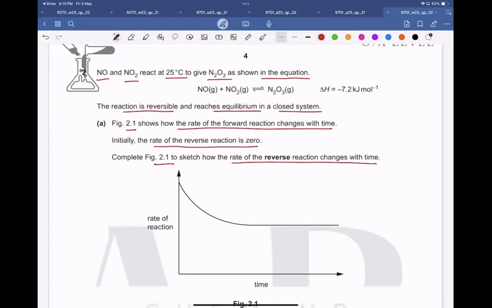Okay. So we know that they have mentioned the equilibrium is reached. At equilibrium, there is the same rate of forward and backward reaction. So as they have mentioned, the rate of reverse reaction is initially 0, and at equilibrium, it would be like this.